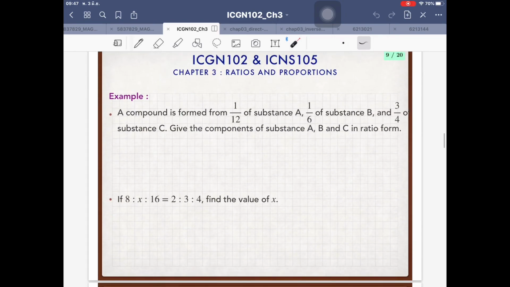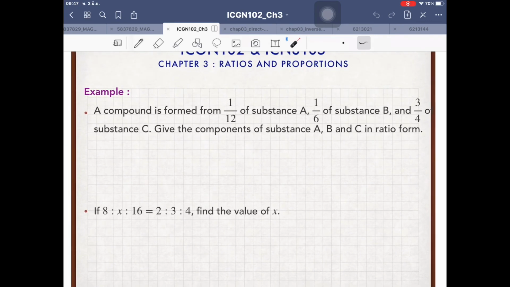So now let's go to this problem on page number 9. Here a compound is formed from 1 over 12 of substance A, 1 over 6 of substance B, and 3 over 4 of substance C. So in this problem, we have three quantities, all right?